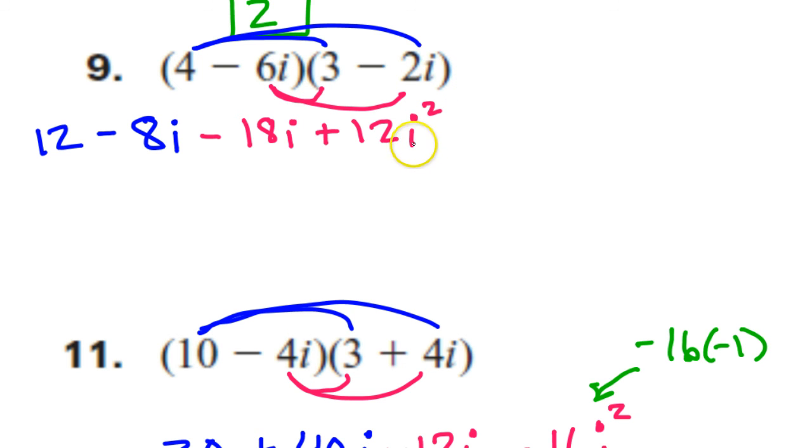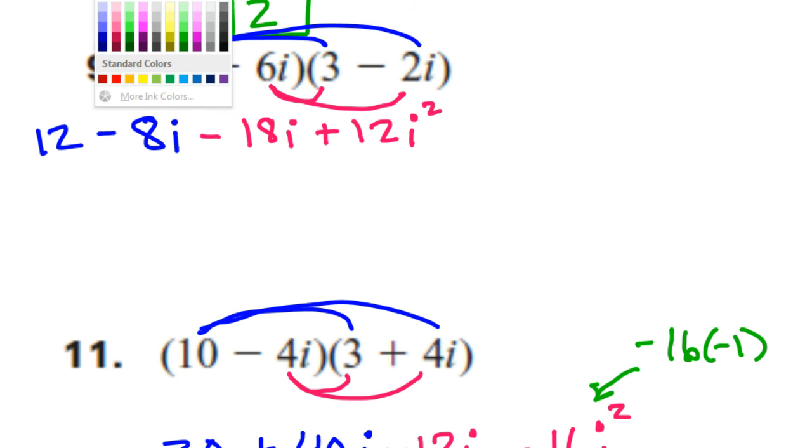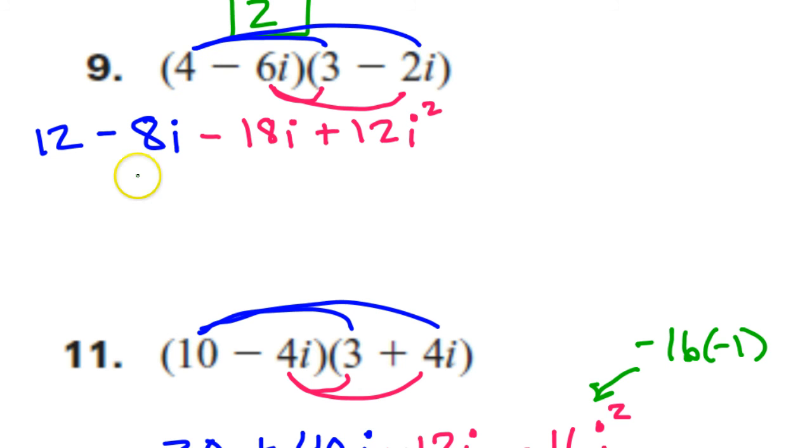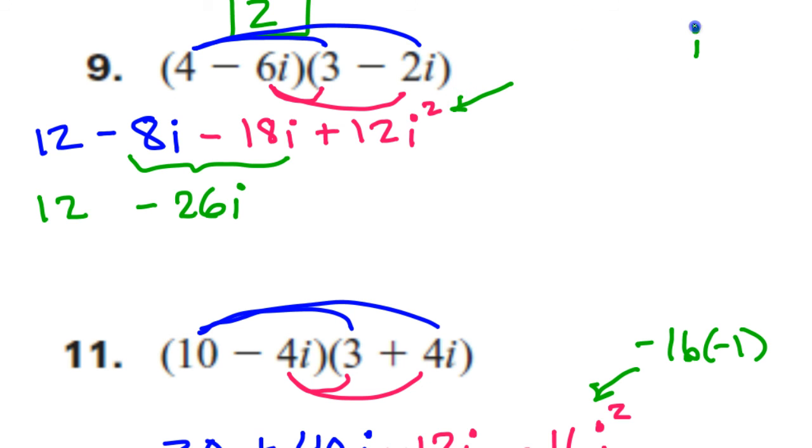That's i squared. So now let's go back and combine some like terms. So in here, these are going to be put together. So I'm going to bring down the 12. Negative 8 and negative 18 is going to be negative 26i. Now, I'm going to be very careful right here. You know that i squared is negative 1.